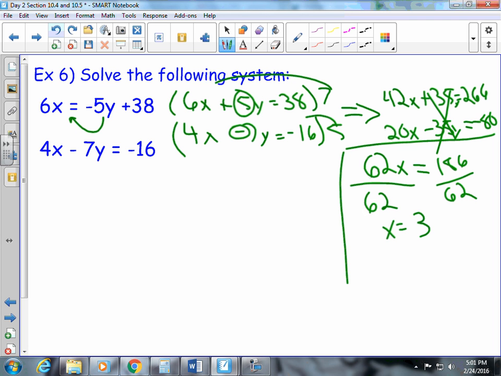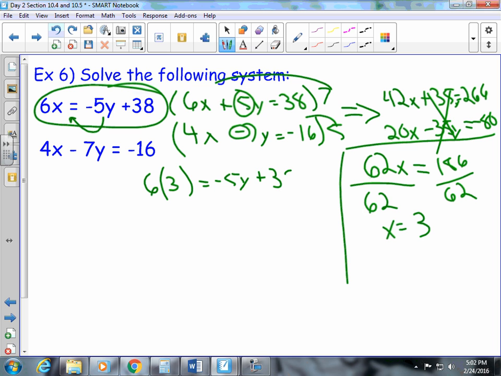Now that I know that x is equal to 3, I will plug that into any one of the equations. I could use this one, which I actually probably will because it's the easiest, I think. So if I plug in 3 for x, 6 times 3 equals negative 5y plus 38. 6 times 3 is 18. That's equal to negative 5y plus 38. I subtract 18 from both sides.